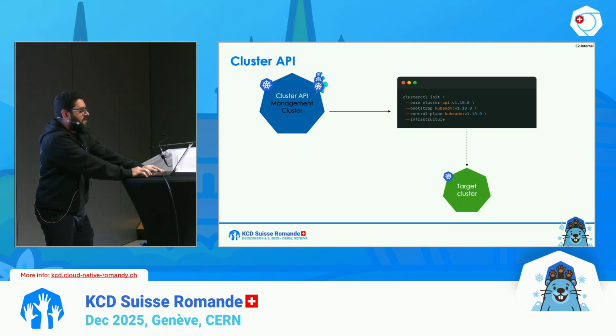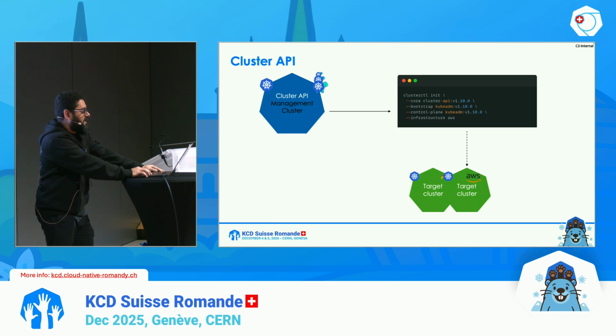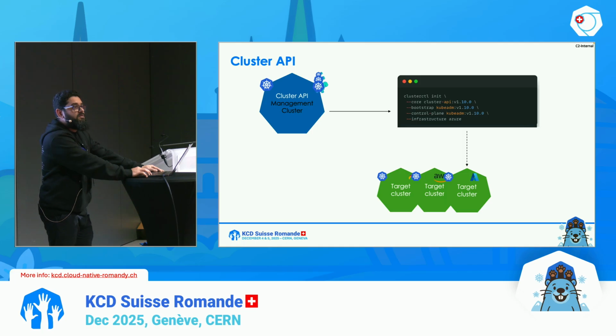And as I have said, the most powerful thing about Cluster API is the provider model. You can deploy a Cluster API-based cluster as you would do on any of these public clouds like AWS, GCP, and Azure. All of those public clouds have a provider for that.